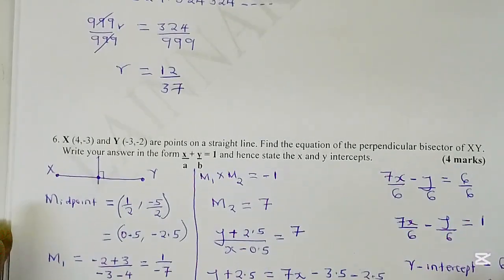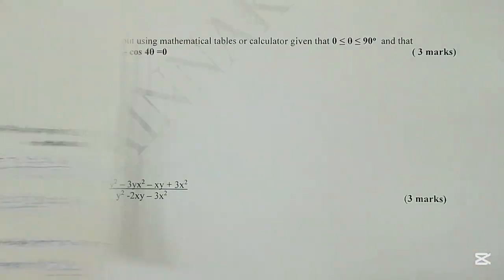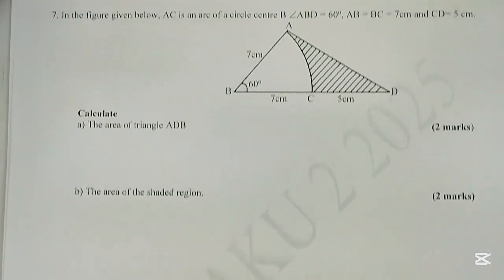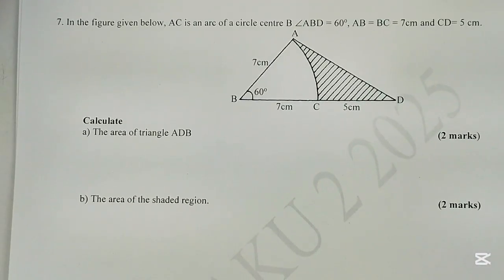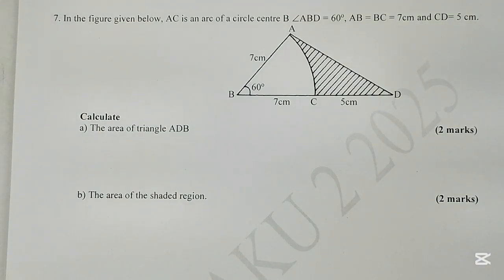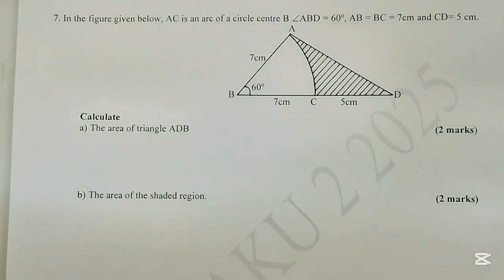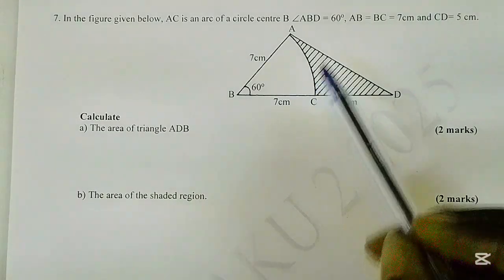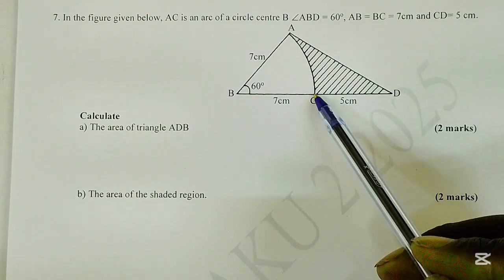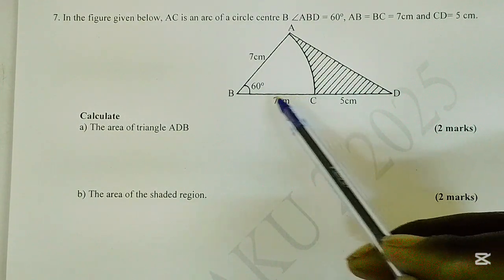Now we are going ahead. We want to look at the next question, that is question 7. Now for question 7, we have been given a figure. AC here is an arc of a circle.